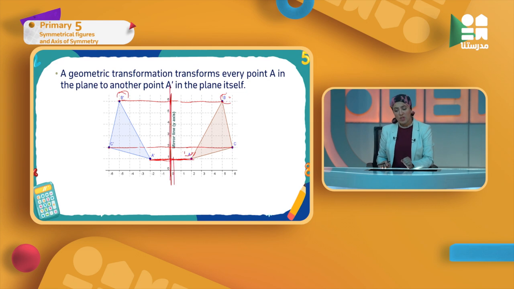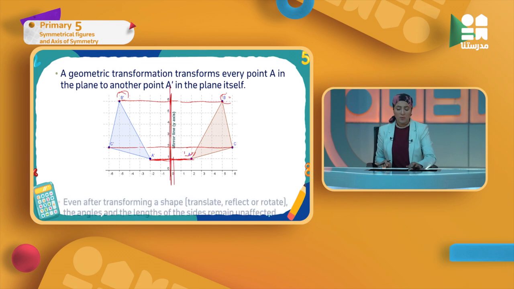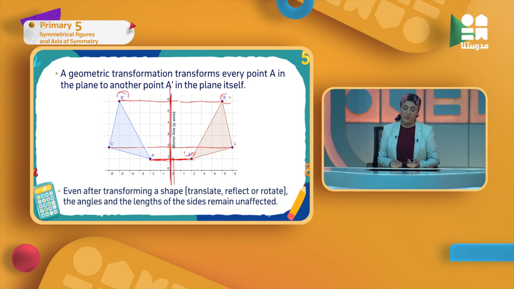It's in the opposite direction because here I get the reflection. The reflection always has the same coordinates, the same angles, sides, everything, nothing changed, but it's only in the opposite direction.